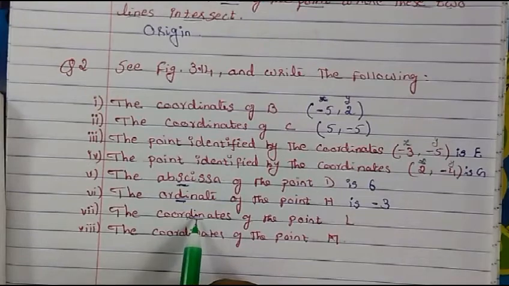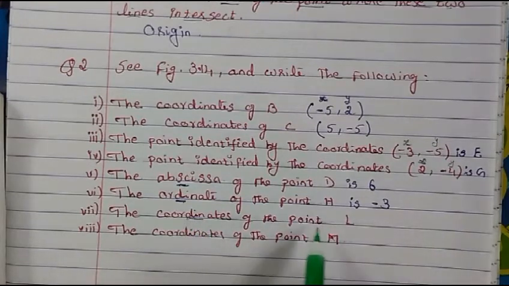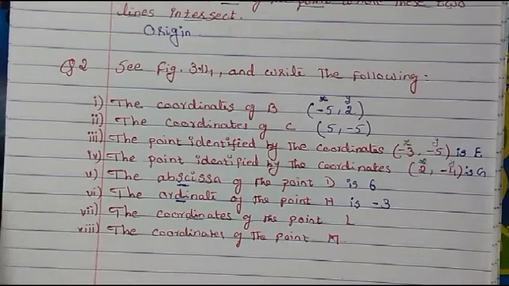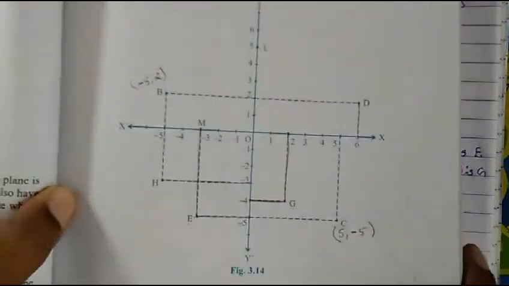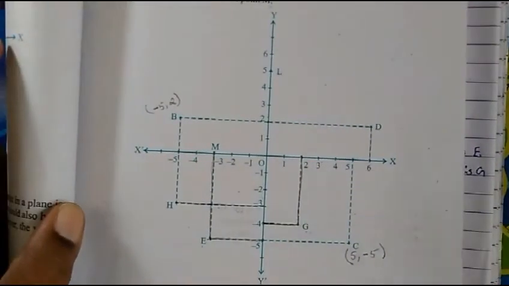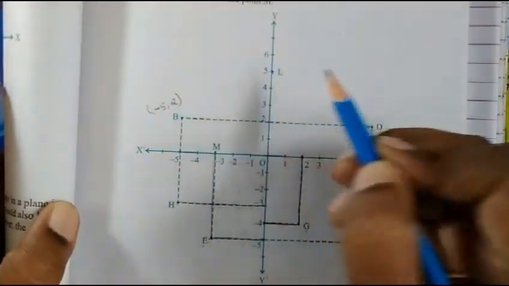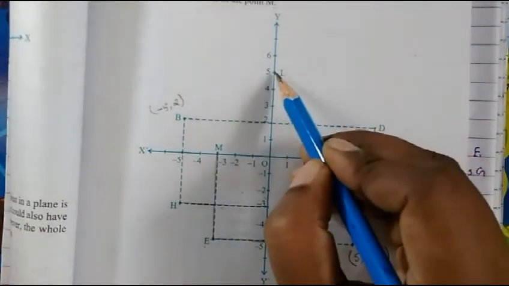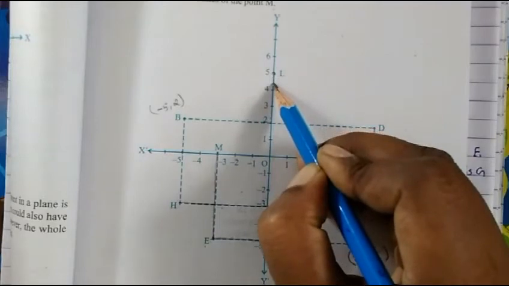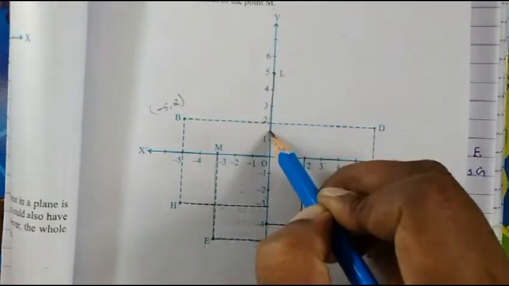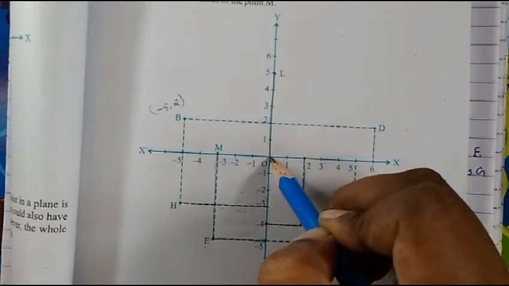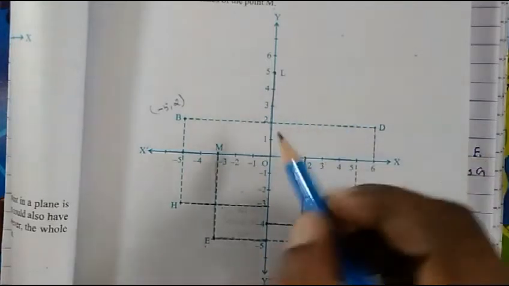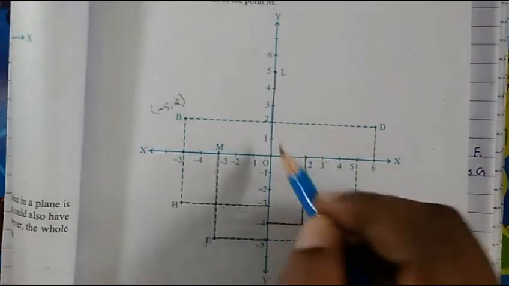Next, the coordinates of the point L. Coordinates means the x value and y value at point L. L is here. So what is the x value and y value for this? If you draw the line on x, it is at 0.